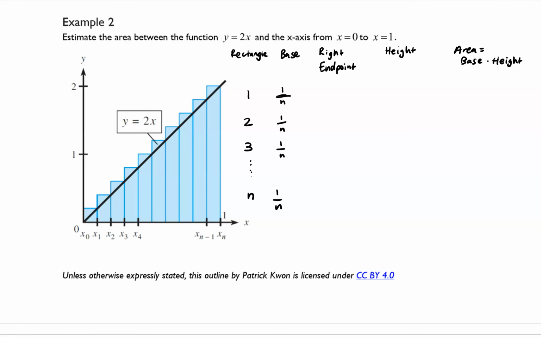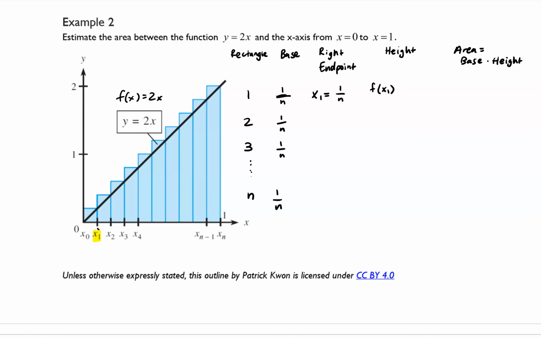And then the right endpoint for the first rectangle is this value here, x1. So I'm going to call it x1, which is equal to 1 over n. And then the height is going to be f of x1. And we know that our function f of x is equal to 2x.